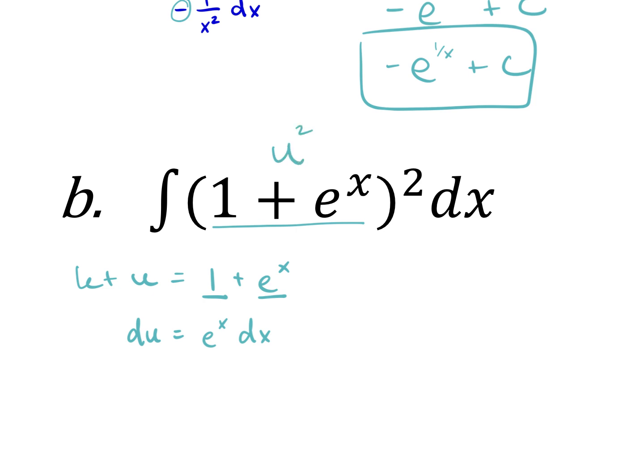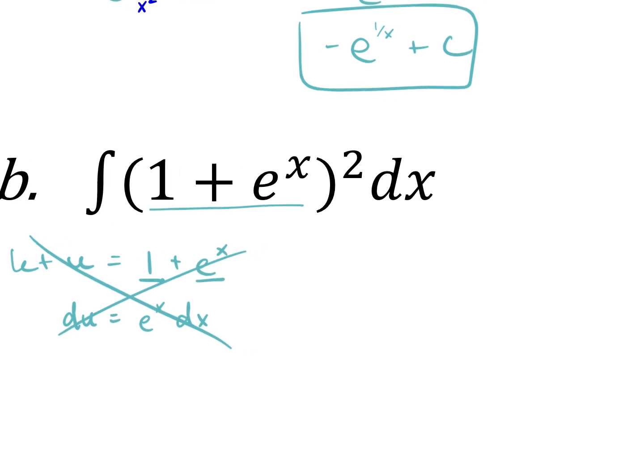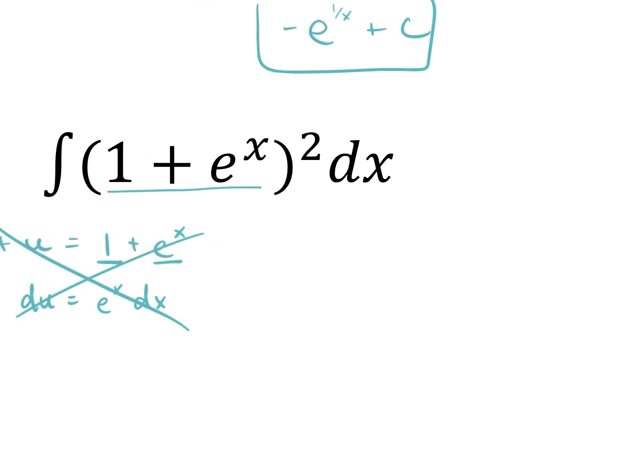But do I have another e to the power of x in my function here that I could substitute du into? No, I can't just put x's into my question if they're not there. So we can't use substitution this way. So substitution doesn't work with our parentheses squared that we have, then we actually have to work it out.